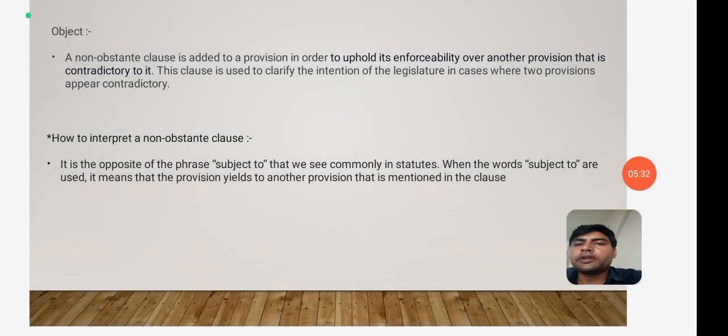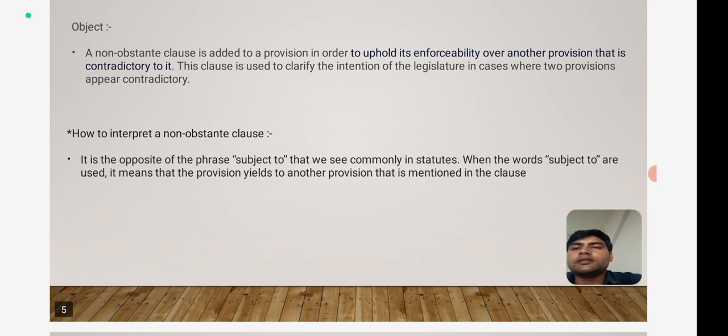How to interpret the non-obstante clause? It is the opposite of the phrase subject to that we see commonly in statutes. When the words subject to are used, it means that the provision yields to another provision mentioned in the clause.